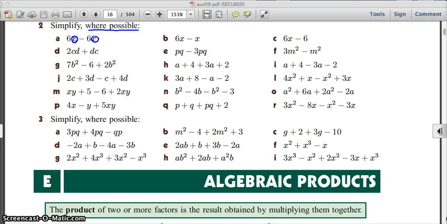So I've got 6 oranges, someone's taking 6 oranges away. I'm not going to be left with 0 oranges, I'll be left with 0. Okay? So when we're adding and subtracting like terms, think of them as objects, which, for those of you that are struggling with the concept, may help you understand it a little better.